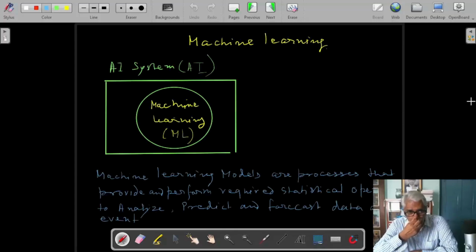So when you talk about machine learning, you are actually working with data, whatever past data has accumulated so far, and it will try to understand the patterns which are inbuilt in the data, or the way the data has been created.